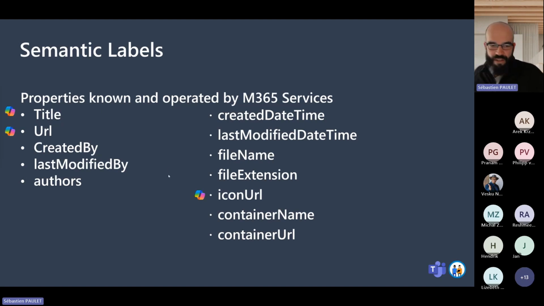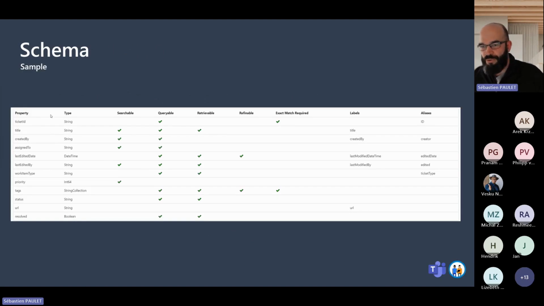For the search engine, we can do something more creative. We can have a schema. If you already use the Microsoft 365 search engine, you know that by default you have a schema. You have managed properties that you need to map with crawled properties. And for each of those managed properties, you can declare if those properties are searchable or queryable, refinable, meaning that you can implement a filter based on it.